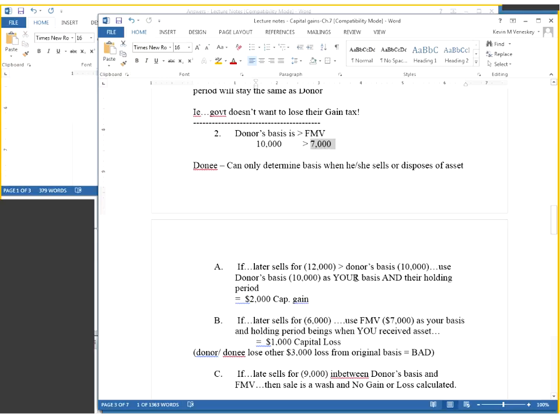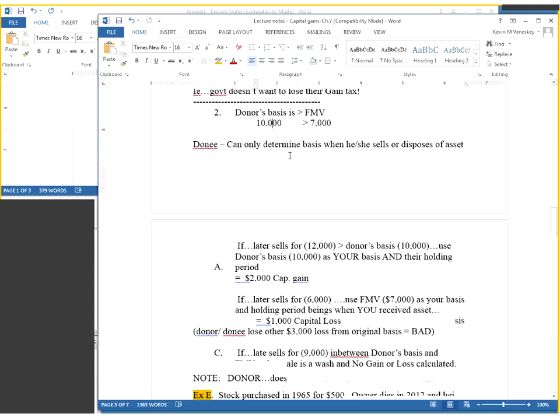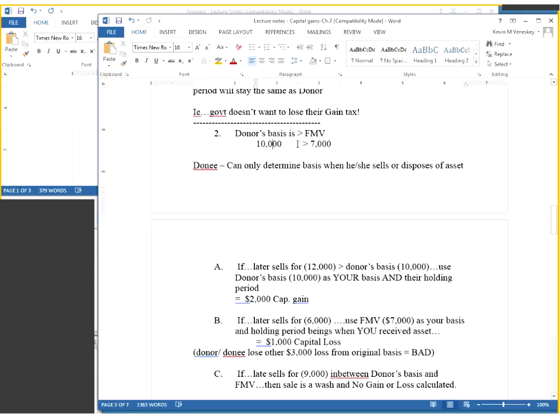So you could take that $3,000 off of your 5 and get back to the 2. I like to look at it just as if you sell it for more than what the donor paid, you get to use the donor's basis. So only a $2,000 gain.